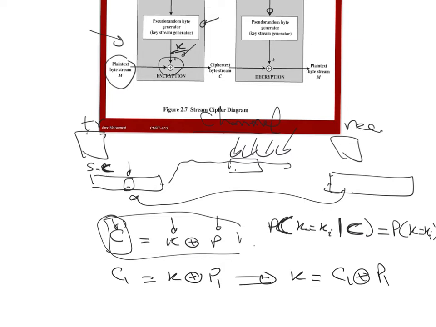But if there is any misalignment in one byte, this is a lack of synchronization, in which case the byte that you generate as a random sequence to XOR with the plain text is not going to be equal to the byte that you generate on the receiver side.